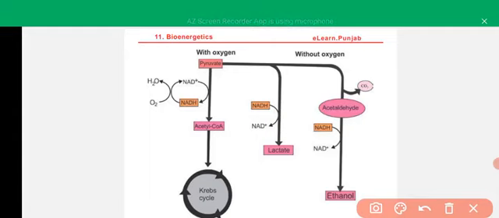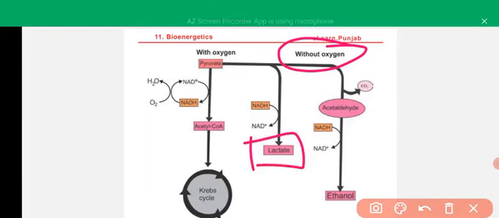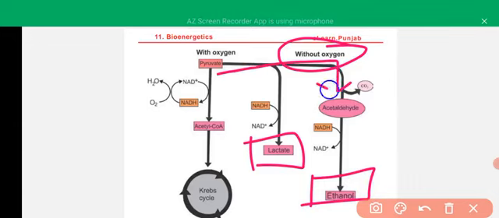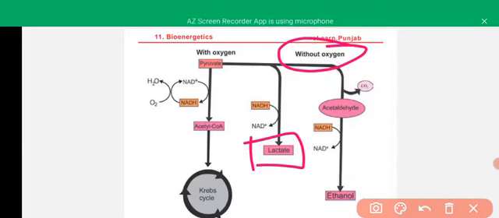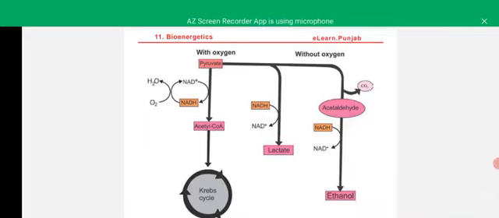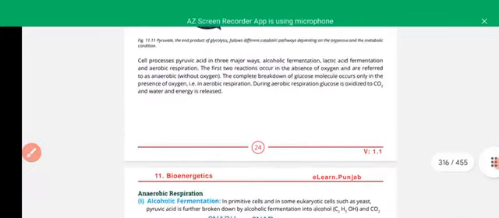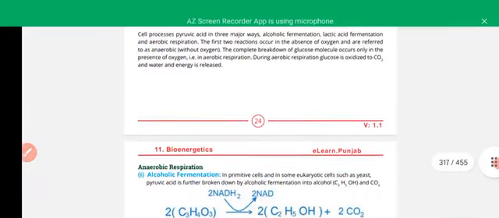Without oxygen, there are two types: lactic acid fermentation, in which lactate is formed, and alcoholic fermentation, in which first pyruvate is decarboxylated and converted into acetaldehyde, and then it is reduced into ethanol. These are the two basic types of anaerobic respiration.